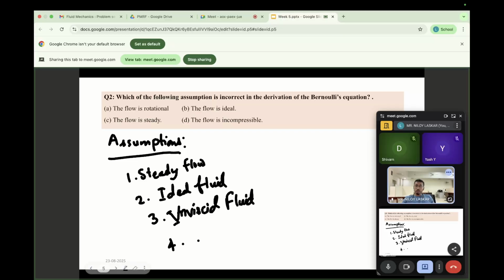The fourth is it should be irrotational. Fifth, the flow should always be along the streamline.